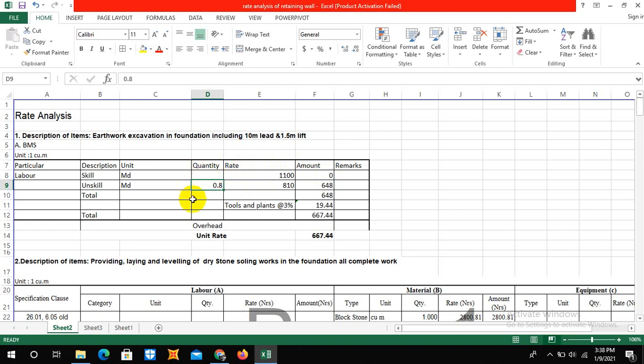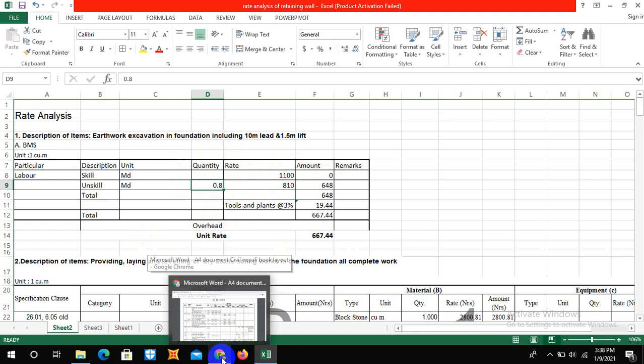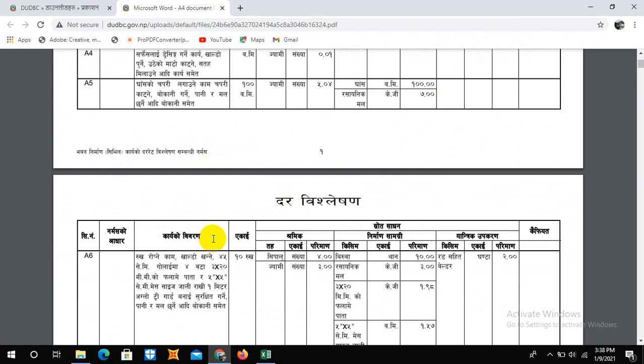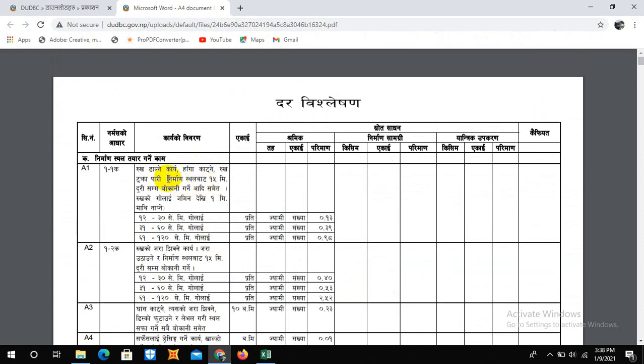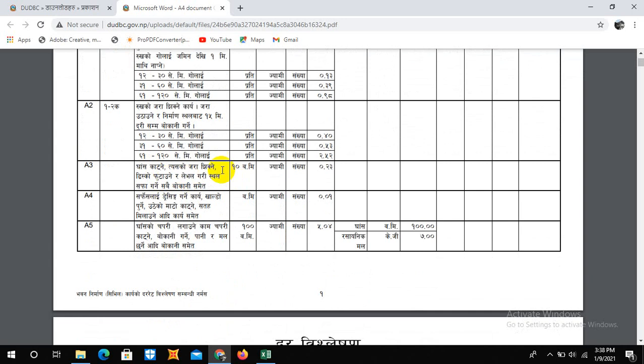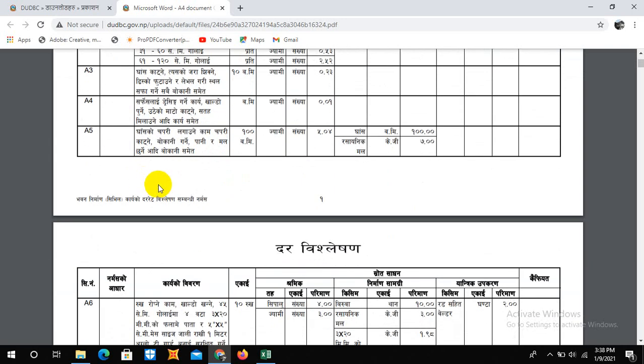We may get a little bit of confusion from this 0.8. Where did this 0.8 come from? So let me show you the earthwork in excavation. You can simply search the earthwork in excavation sheet from here.